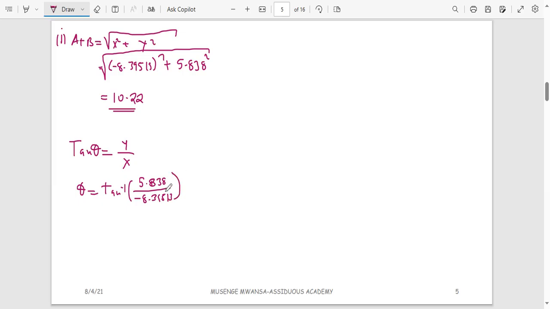So we punch 5.838 divided by negative 8.39513, and then we take the tan inverse of the answer. This has given me negative 89.3957. Remember what I told you?